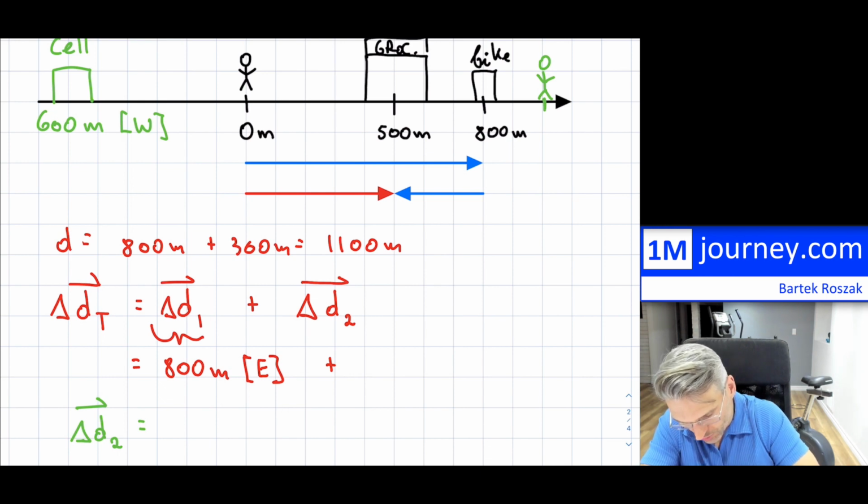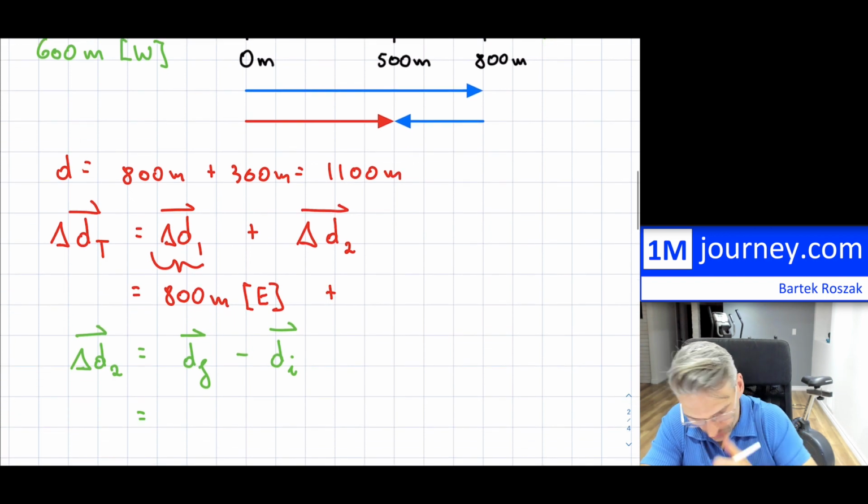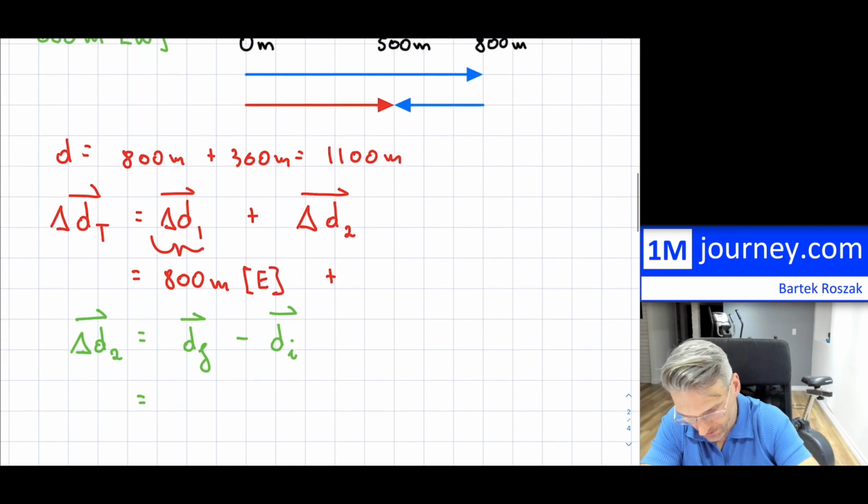So the actual difference, the final minus your initial for your route number 2, is as follows. Your final was 800 meters, I apologize there, because your final one is you're ending up at the grocery store.